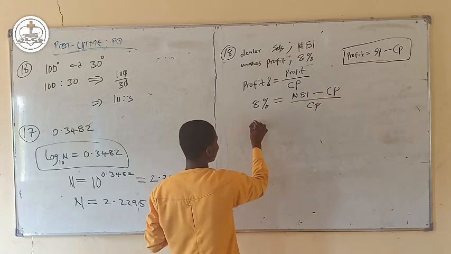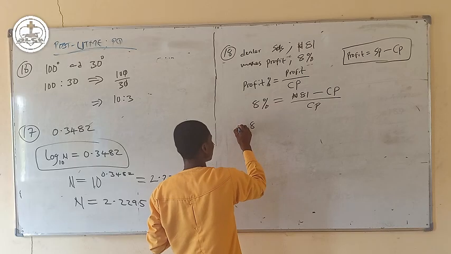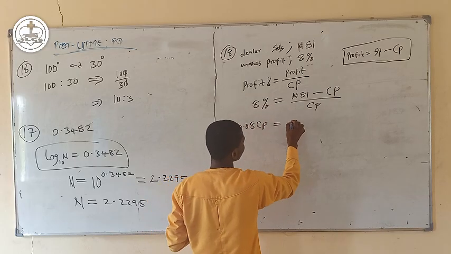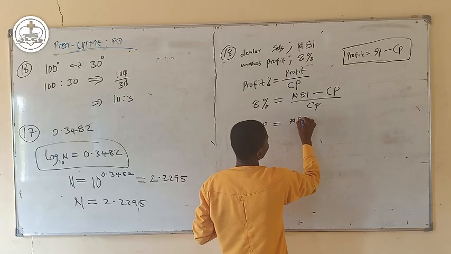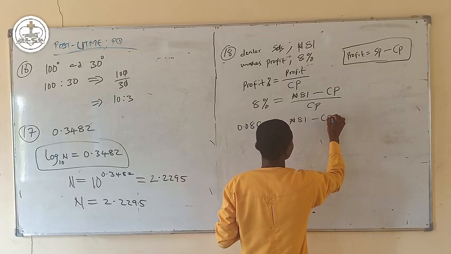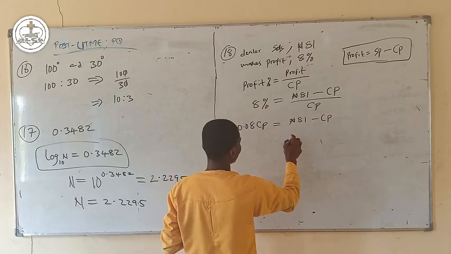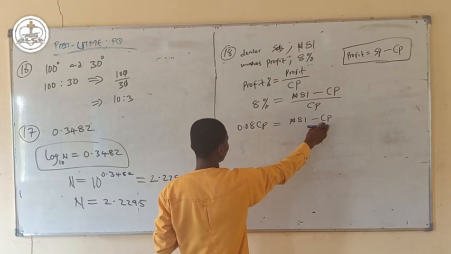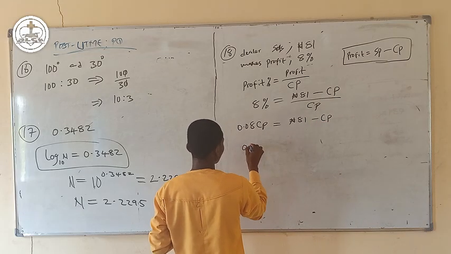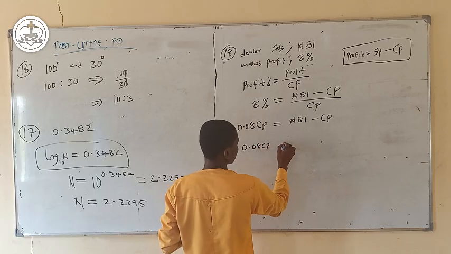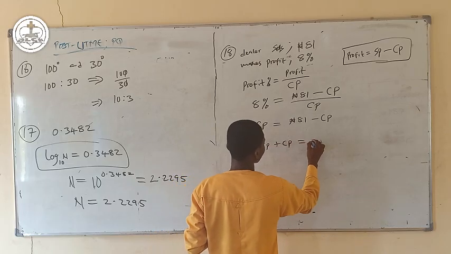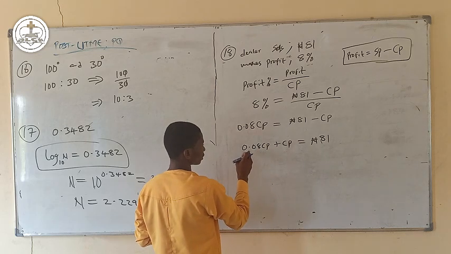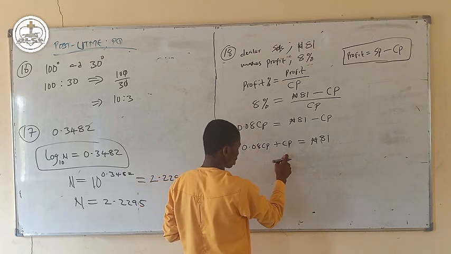If we cross multiply here, let me put this as 0.08 cost price. When we cross multiply, it is equal to 81 naira, that's the selling price, minus cost price. Taking this to the other side, we have 0.08 cost price plus cost price equals 81 naira. So if we sum this up, this is just like 0.08 plus 1.